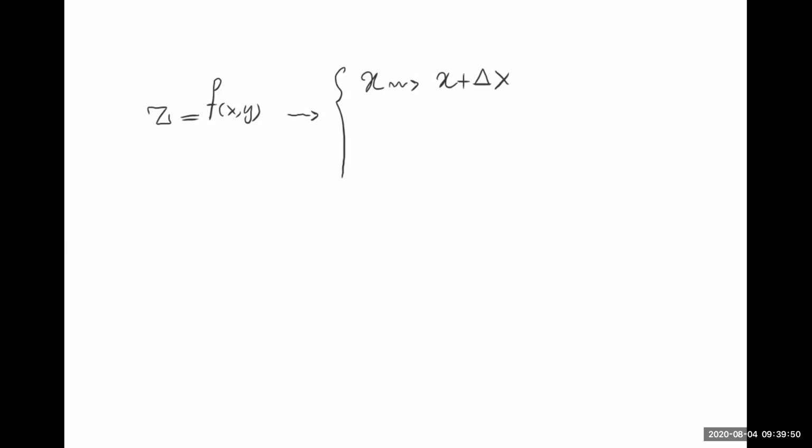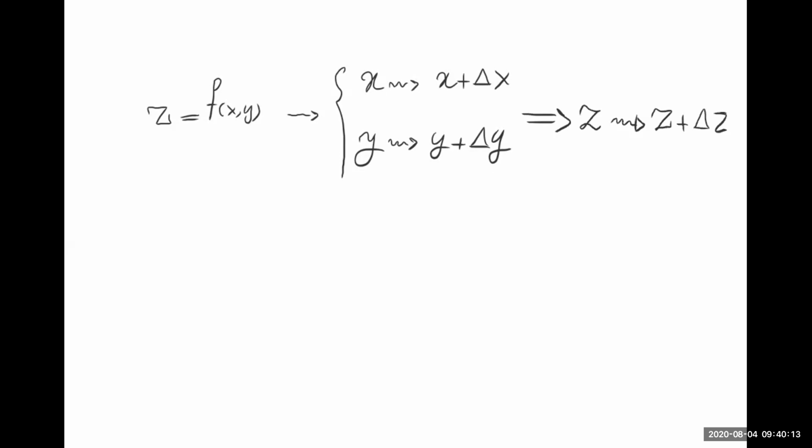So suppose in your mind, you can assume it's 0.1 or something even smaller. And if I replace y with y plus delta y, it would affect the function f, and therefore it would affect z. So that would cause z to change to a new value. Let's show it with z plus delta z.